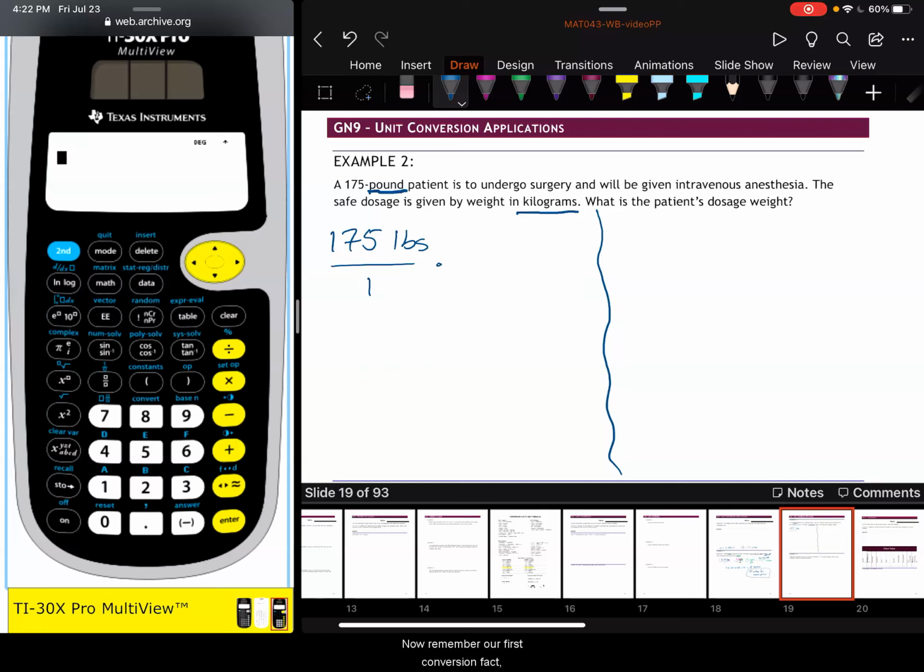Now remember our two conversion facts, let me write them down up here. We have 1 pound equals 0.4536 kilograms, or we can use 1 kilogram equals 2.205 pounds.